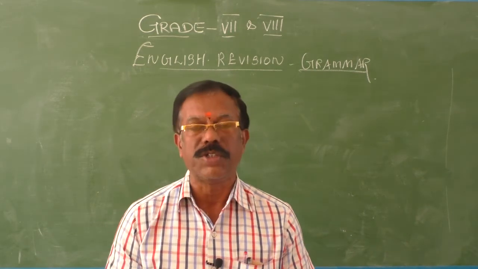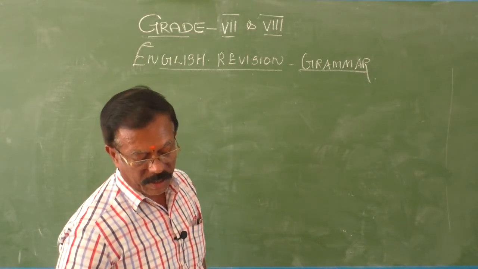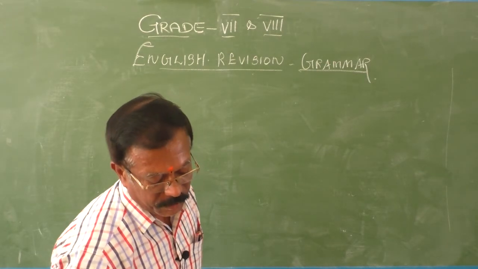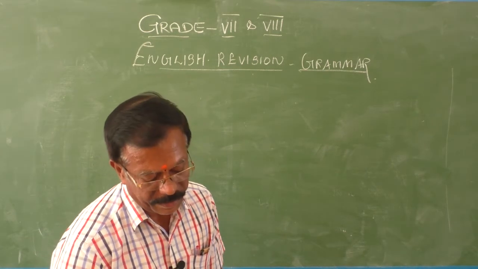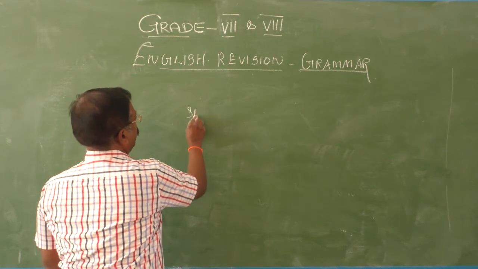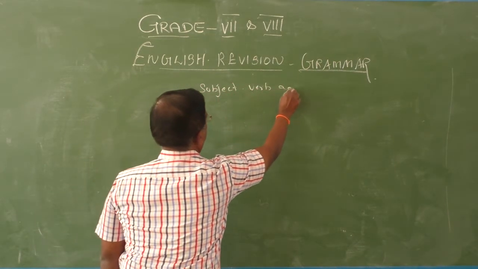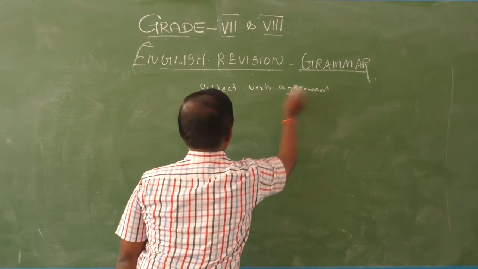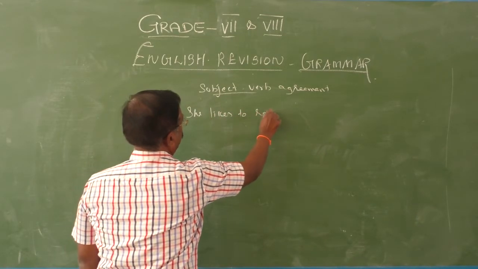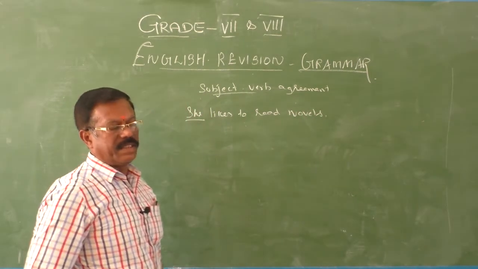Already I taught you the basic principles of agreement of the subject with the verb. If the subject is singular, you have to use a singular verb. If the subject is plural, or if two subjects are connected by and, then the subject becomes plural, and you have to use a plural verb. See, subject, verb, agreement. She likes to read novels. In this sentence, she is the subject.